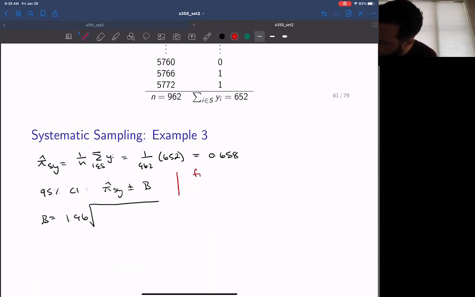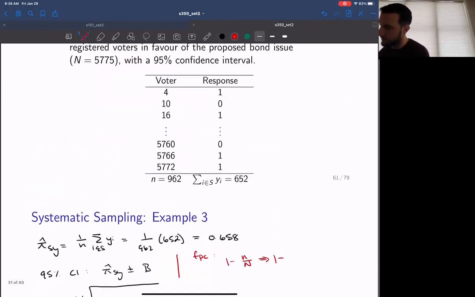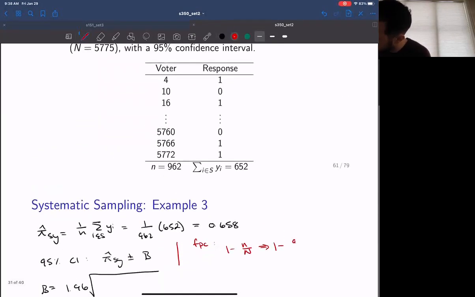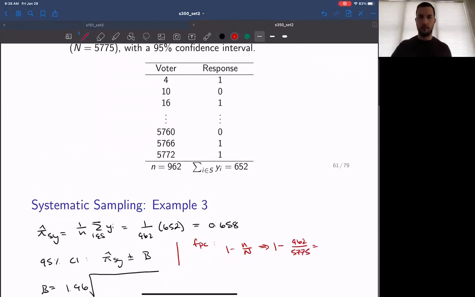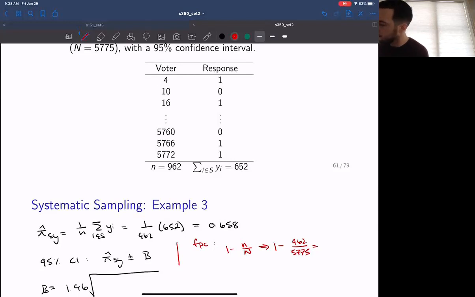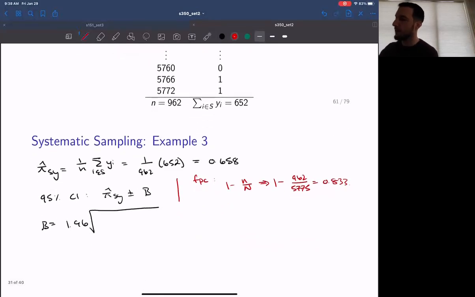So we'll have the FPC, 1 minus little n over capital N. So this is going to be 1 minus 962 divided by 5775. Okay, so that is 0.833. Okay, so we're going to keep the FPC.